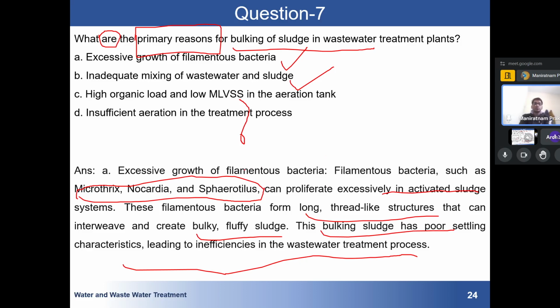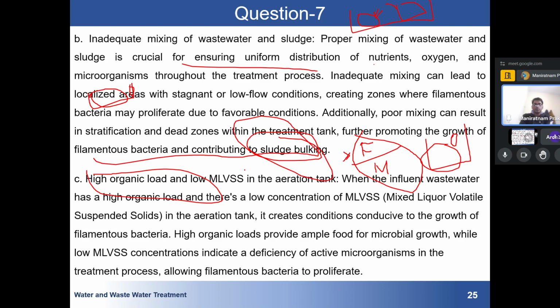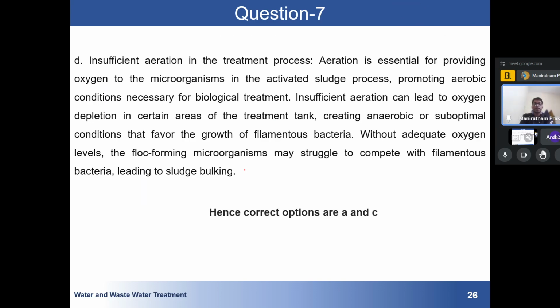So the answer will be only A and C. If you have gone through the explanation, it might seem that all the options should be correct, that is A, B, C, D. But the answer is only A and C, because they are asking about primary reasons. These are secondary things.